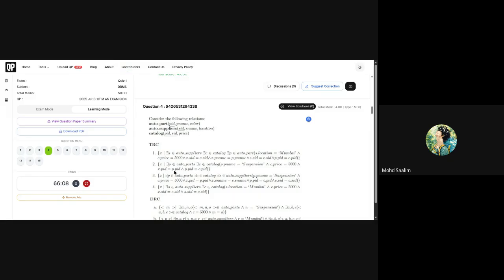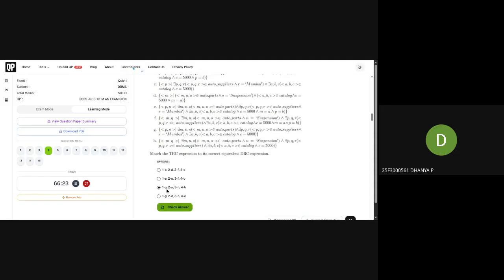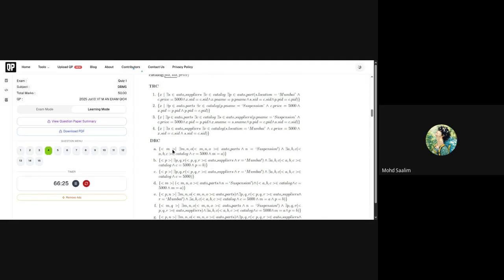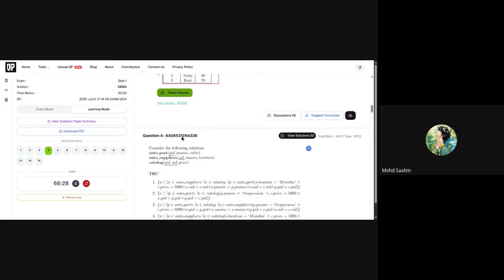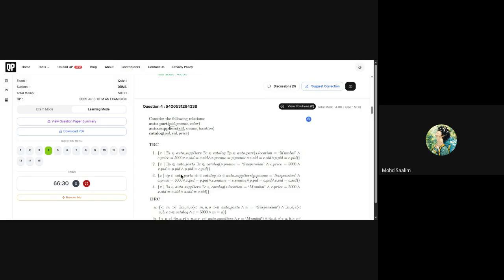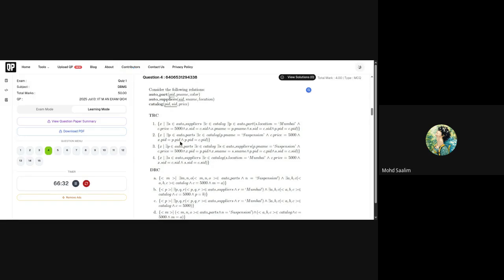We are selecting the PID. So what is the selection? PID. What are the conditions? The name of the part should be suspension, and the price of the catalog should be 5,000. Let's check the A. It is giving us M from auto parts, which is PID, which is what we want to give.